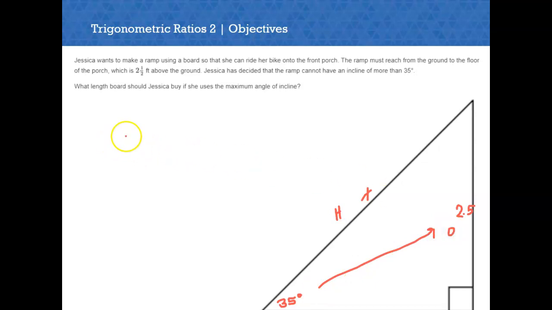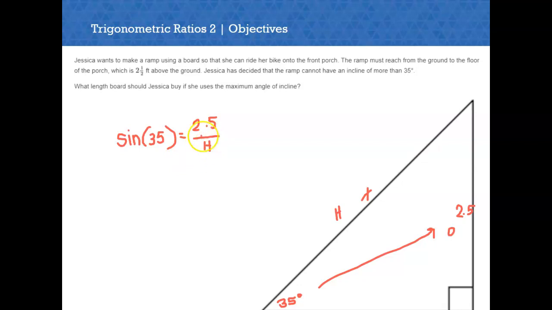So that means I'm going to go ahead and use sine 35 is equal to opposite over hypotenuse, which is 2.5 over h, or x.